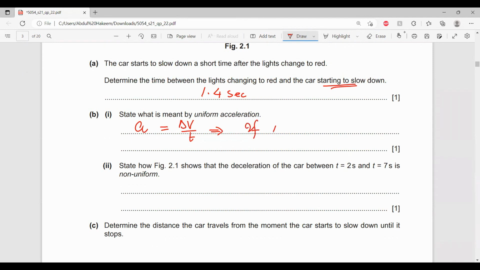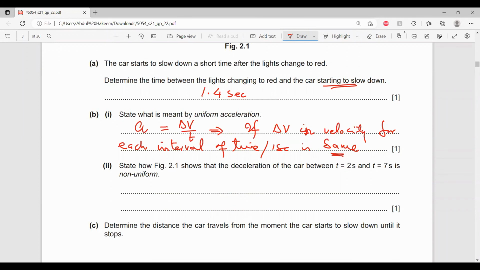If the change in velocity in each interval of time, one second, is the same. In every second, the velocity is changing by the same amount.